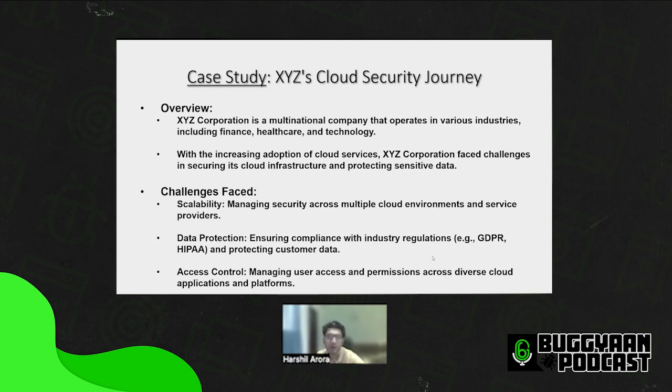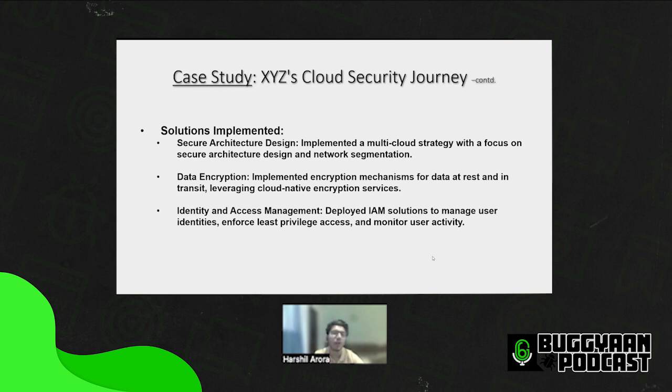Industry regulatory compliance is very important, like GDPR, HIPAA, ISO, which is very common, or CISA, or data localization. Third was access control, similar to IAM. The solution a company can incorporate in their scaling journey is, first, being secure.